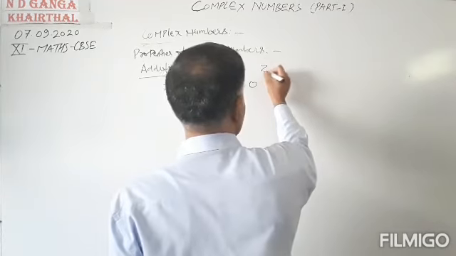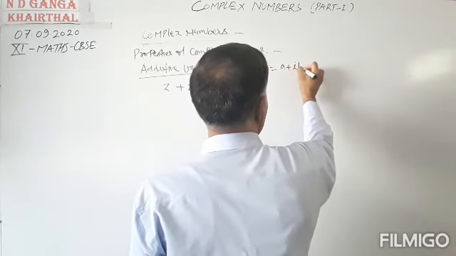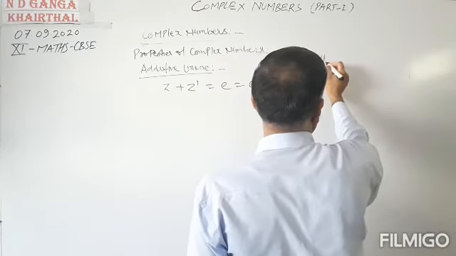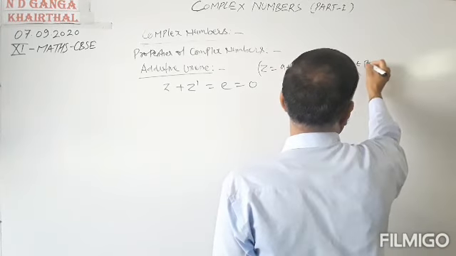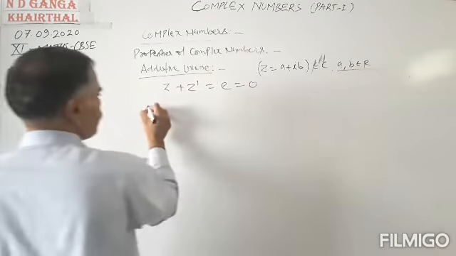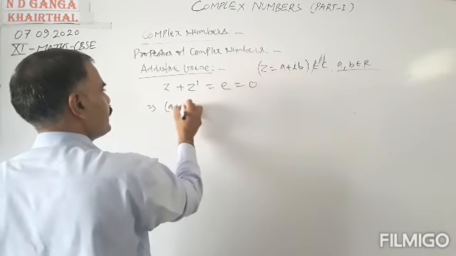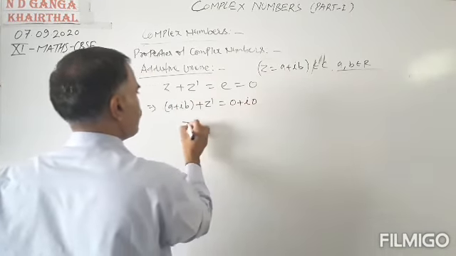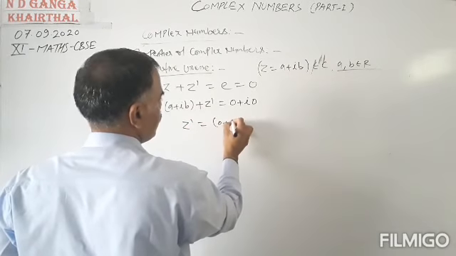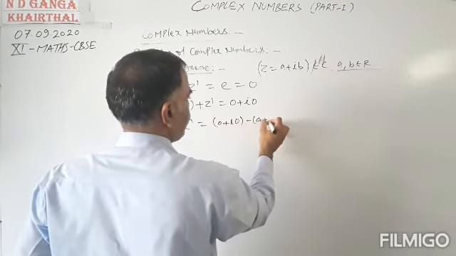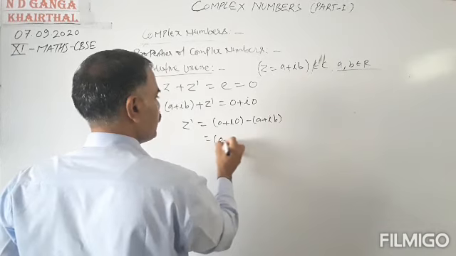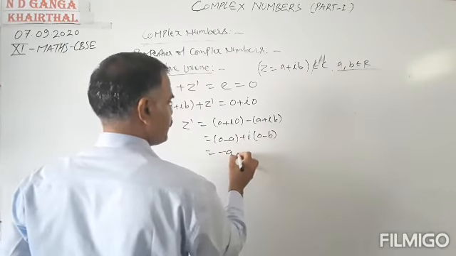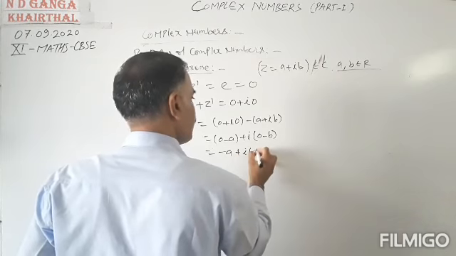Z is equal to a plus iota b, where z belongs to C and a, b belong to the set of real numbers. Now a plus iota b plus z dash is equal to 0 plus iota 0, and z dash is equal to 0 plus iota 0 minus a plus iota b. So 0 minus a plus iota 0 minus b is equal to minus a plus iota minus b.